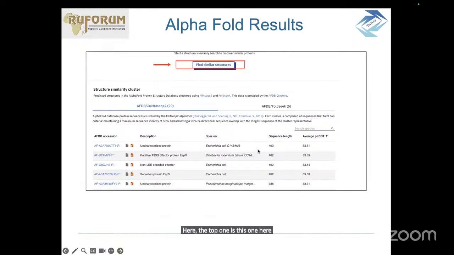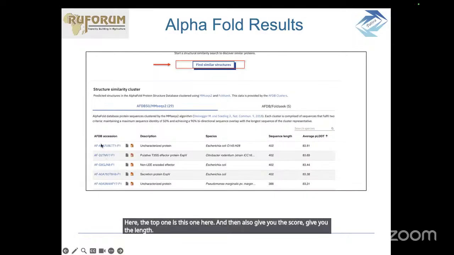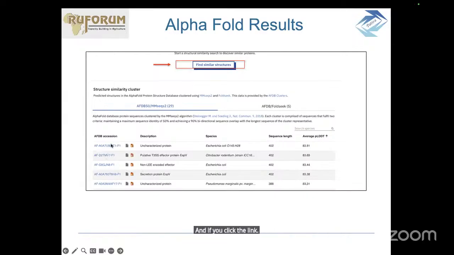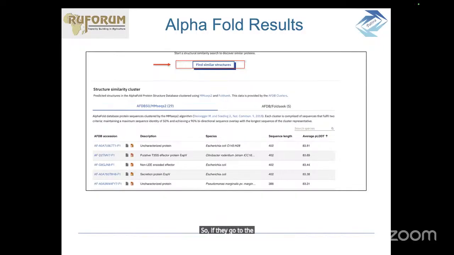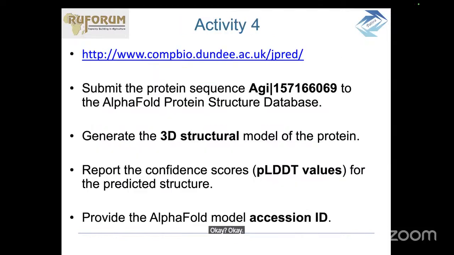It also gives you the score and the length. And if you click, it's a link. For example, this protein, if you click on it, it will take you to the source who submitted this. Sometimes it's already been published. So you can go to the paper and read it, and if they maybe did some mutational analysis, we'll use their method.